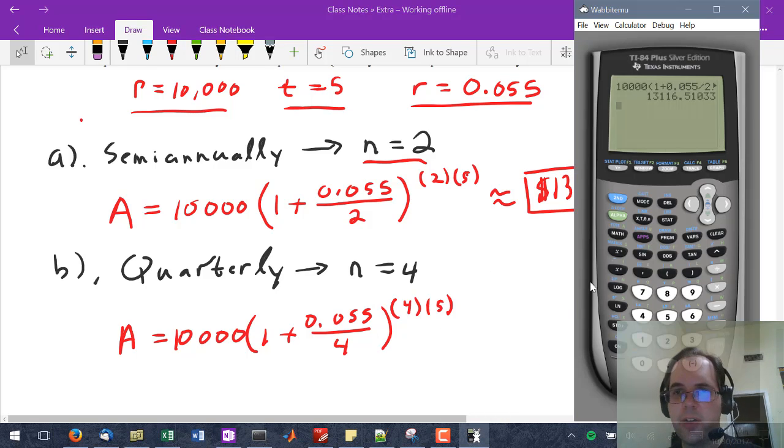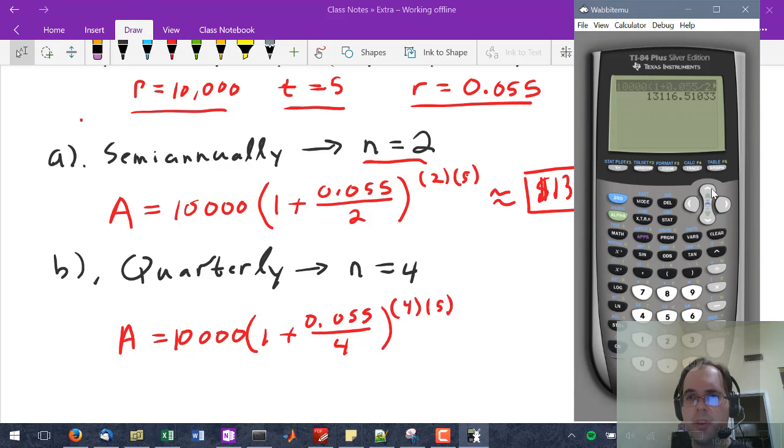To make it easy on your calculator, if it lets you scroll back up like this one does, you can scroll up, hit enter, and that brings your last calculation down. You can scroll over to where you had plugged in 2 and replace that with 4.